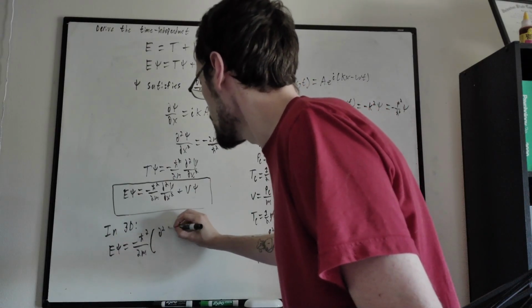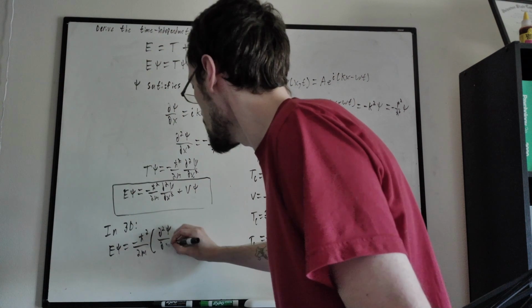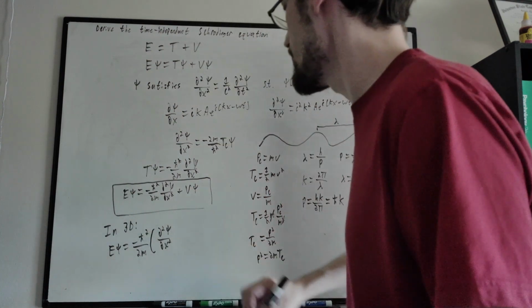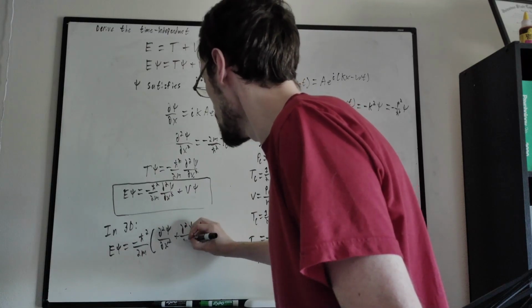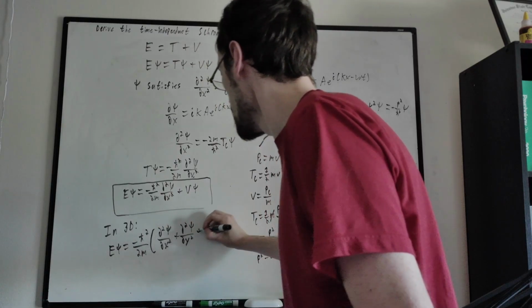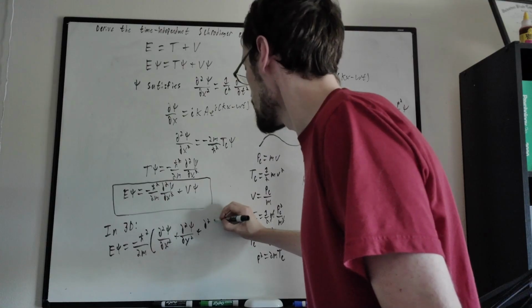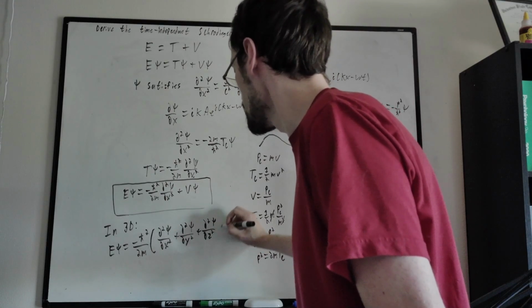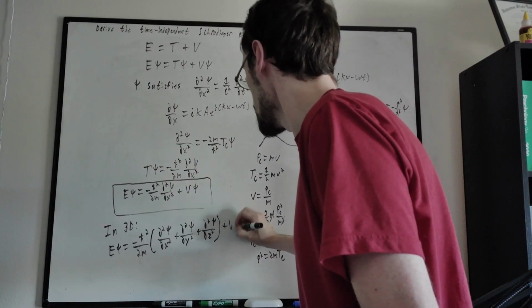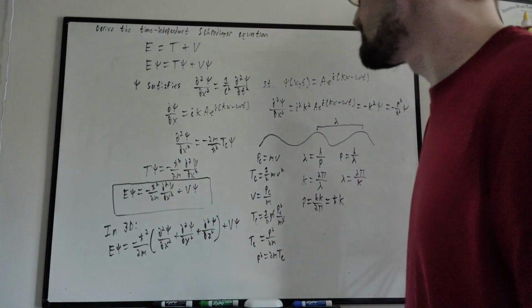We have the second derivative of psi in respect to x, the second partial derivative that is, plus the second derivative of psi in respect to y, plus the second derivative of psi in respect to z, plus this potential term for psi.